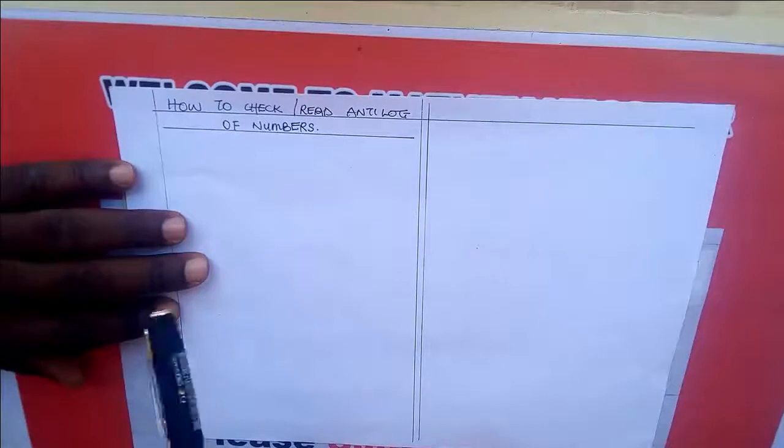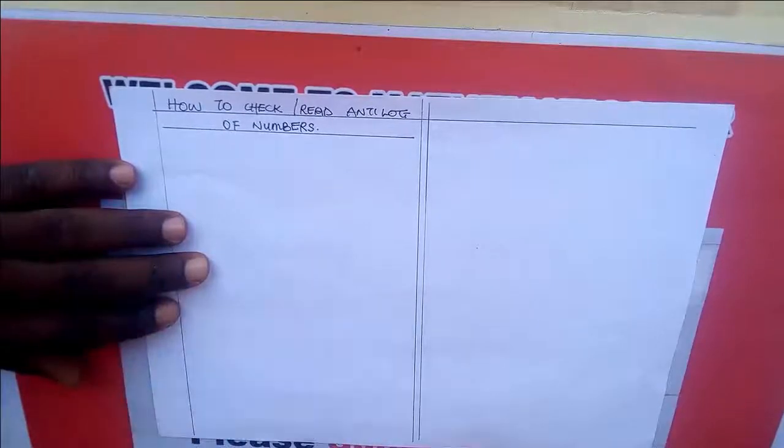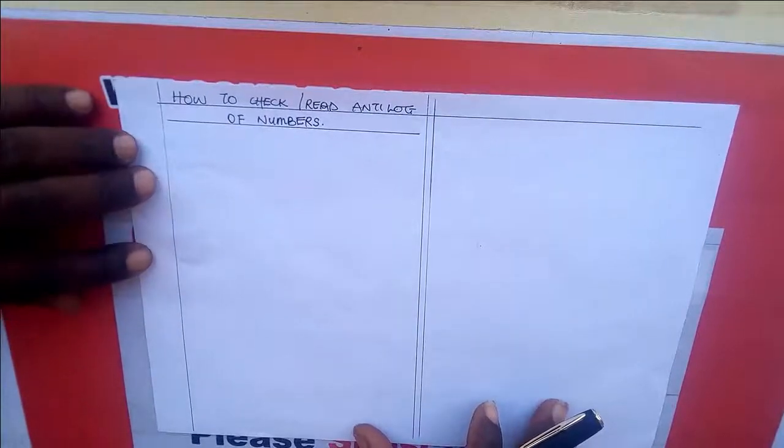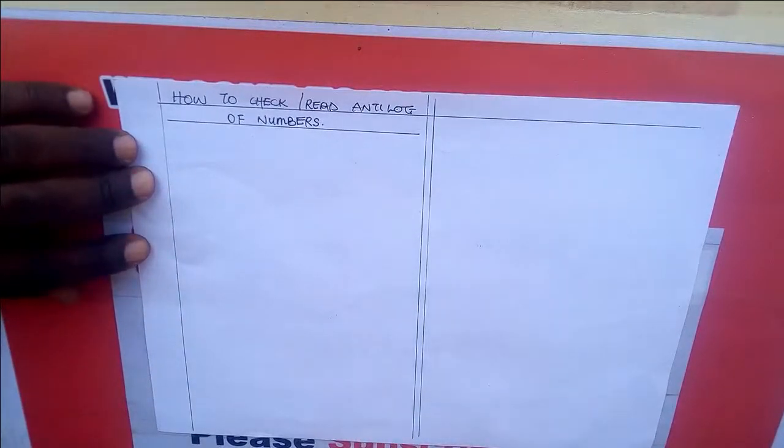In this lesson, we'll be learning how to check or read the antilog of numbers from the four-figure tables. How to check or read the antilogarithm of a logged number from the four-figure table. In the previous video, I explained how to check the logarithm of numbers.